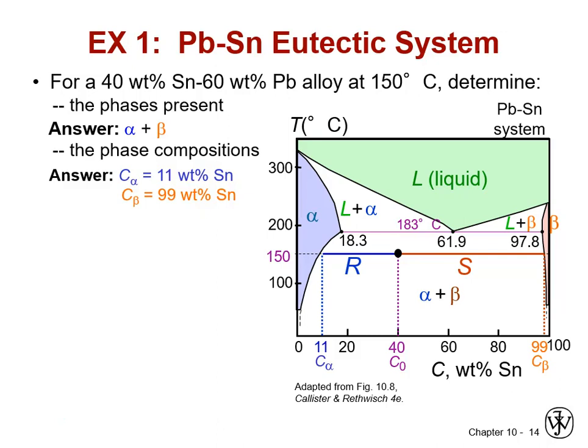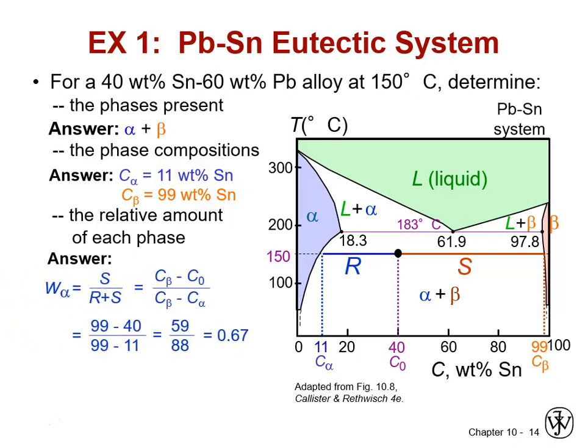And I guess the last question we could ask ourselves about this particular alloy at that temperature is, what are the relative amounts of alpha and beta now that we know what their compositions are? So we apply the lever rule again, and so we say the amount of alpha is not R over R plus S, but S over R plus S, which could also be said to be the composition of the beta phase minus the overall alloy composition divided by the composition of the beta phase minus the composition of the alpha phase.